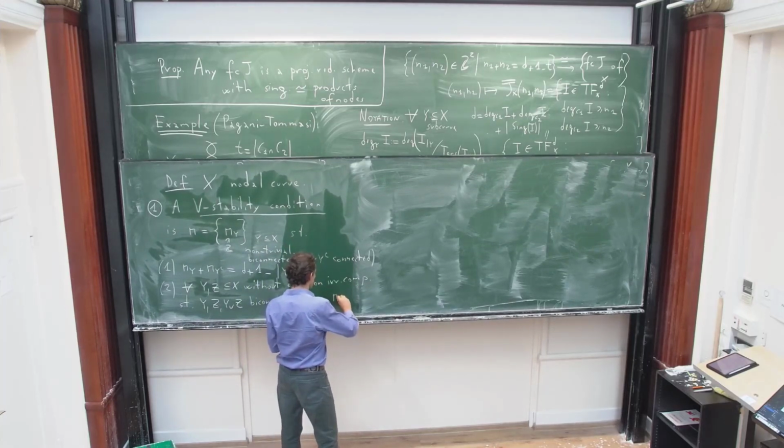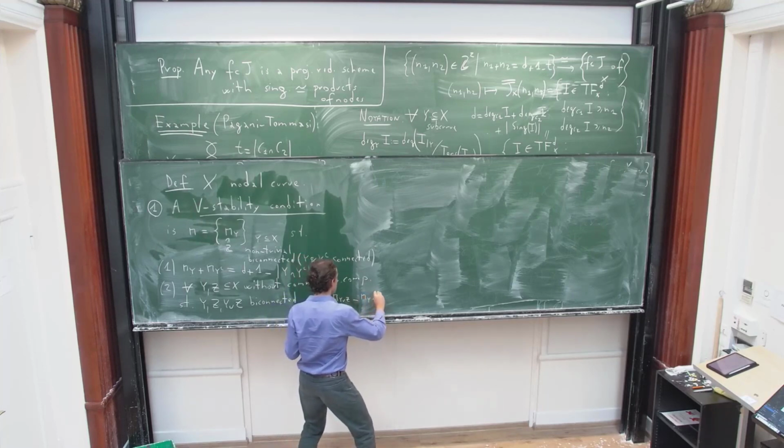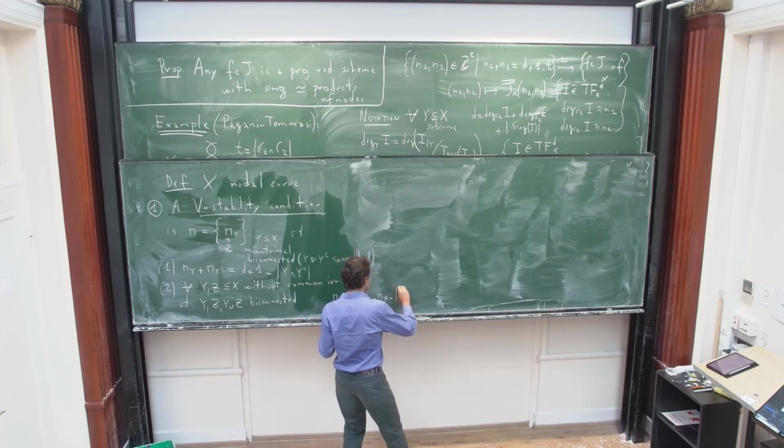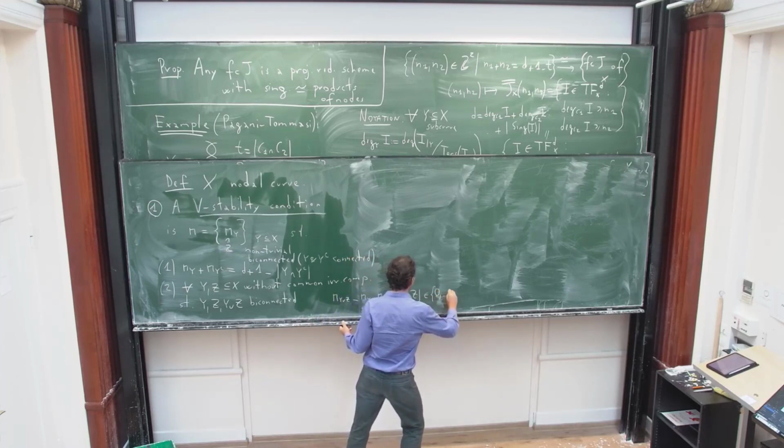The number associated to the union minus the number associated to y minus the number associated to z minus the number of intersection points between y and z should be either 0 or minus 1.